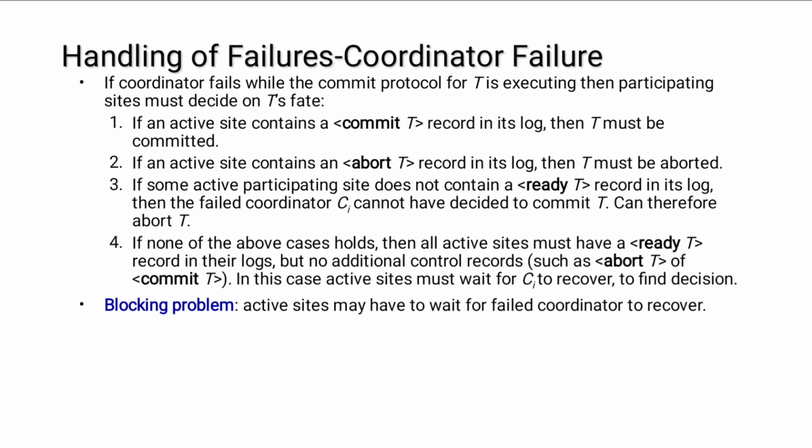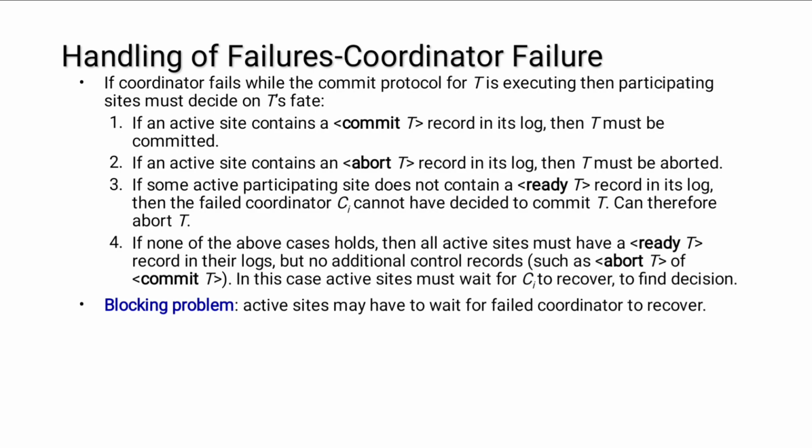If the coordinator is said to have failed, the two-phase commit protocol executes according to four conditions. First, if an active site contains commit T, the transaction must be committed. If an active site contains abort T, the transaction must be aborted.